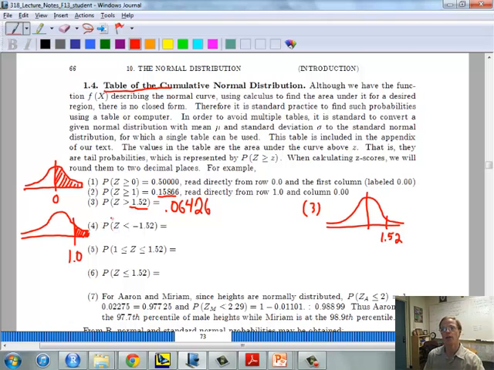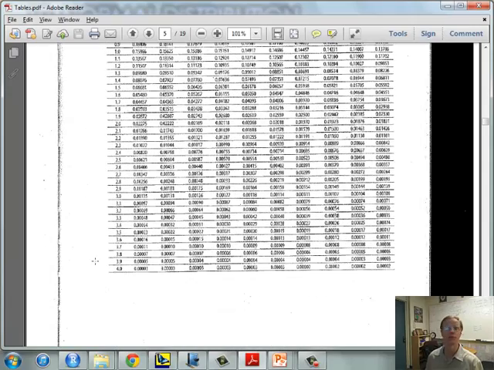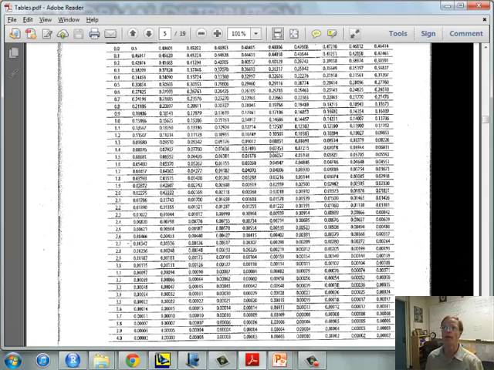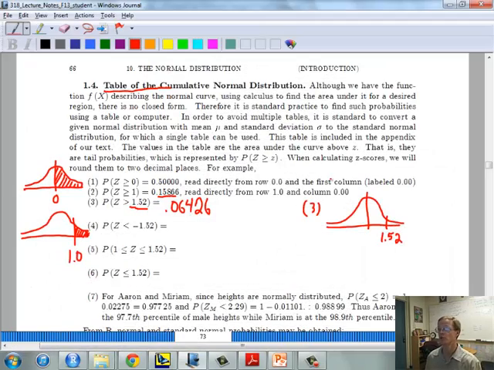Now, number 4 says probability z is less than negative 1.52. The table does not have negative values in the rows. Some tables do. Our table relies upon the symmetry of the curve, and so we're just going to use the fact that the results are the same on the left-hand side, but the values flip to negative.